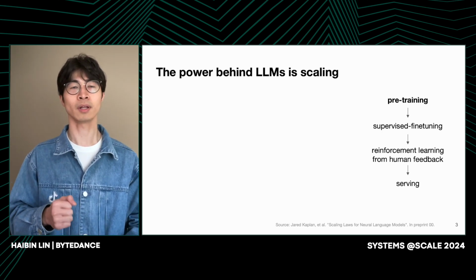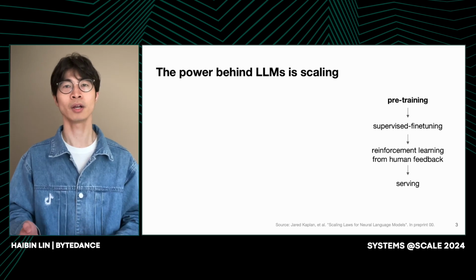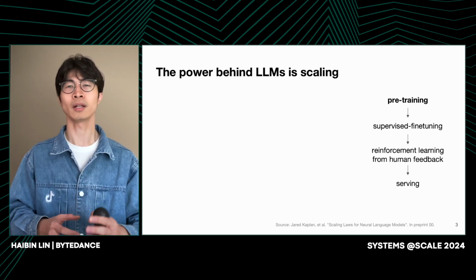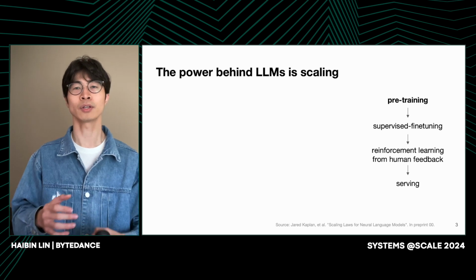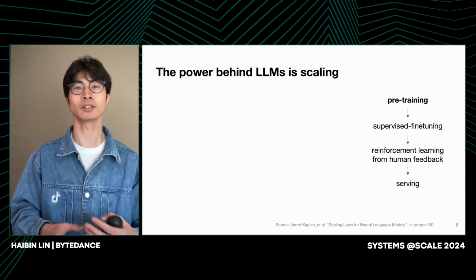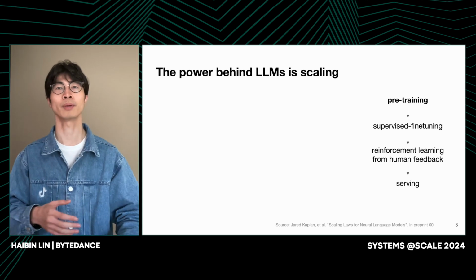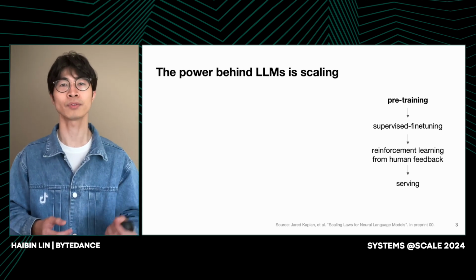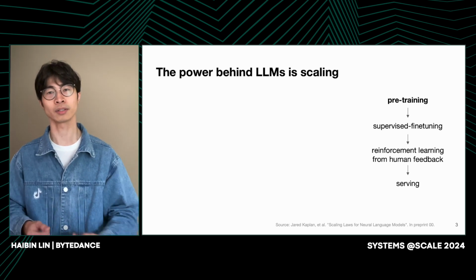And later on, you can do reinforcement learning from human feedback, where the language model is adjusted based on human preferences and adjusts its output so that humans like it better. And finally, you can put the model online for serving. And this is the way you train all these models.